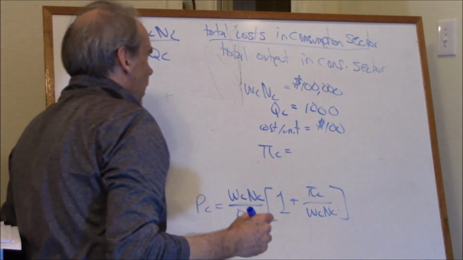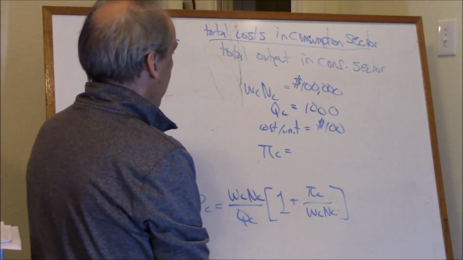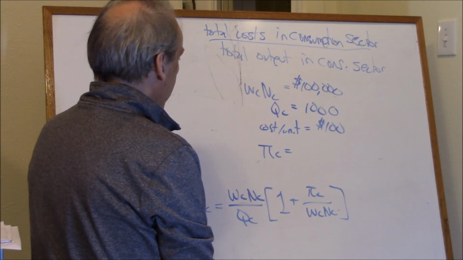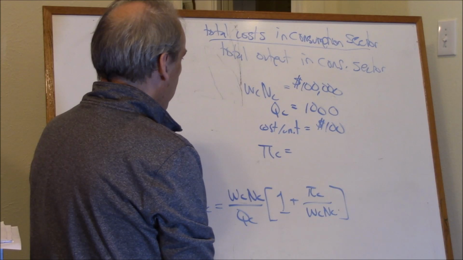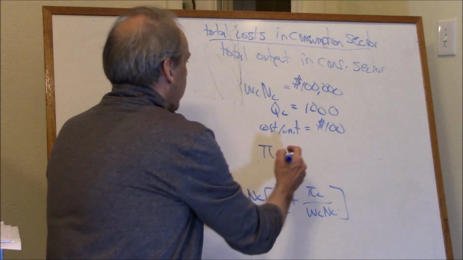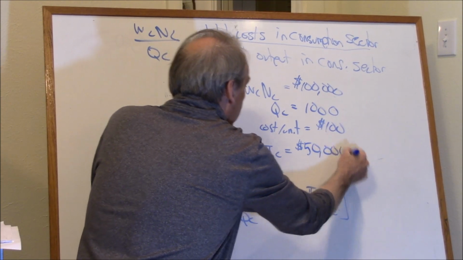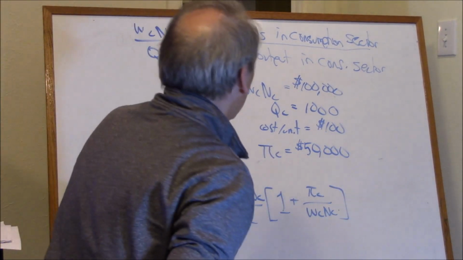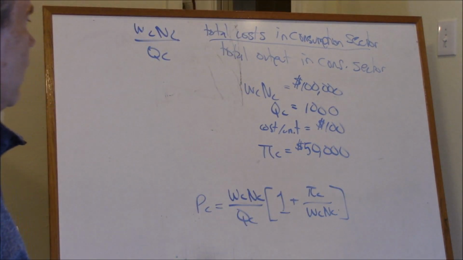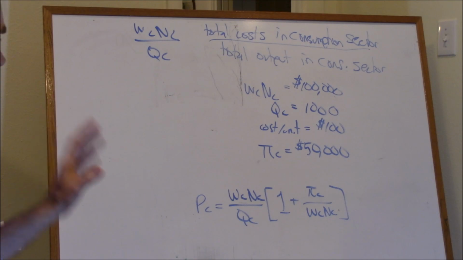All right, then the cost per unit is $100. Let's say that they are hoping to earn $50,000 in profit. Again, this is the entire macroeconomy, so maybe that's 50 trillion or whatever. But $50,000 in profit, that's their target.